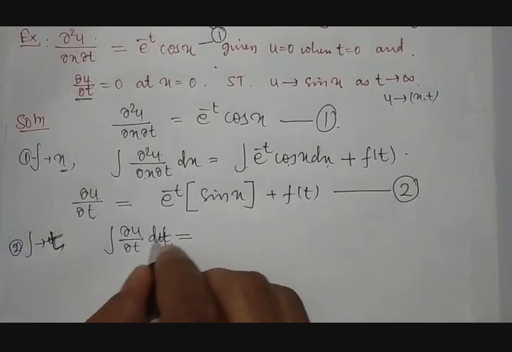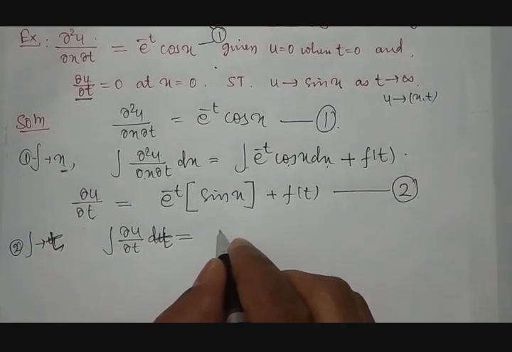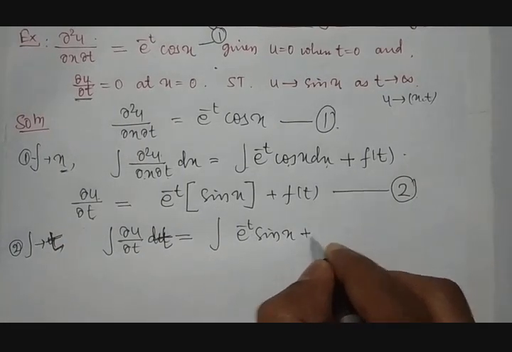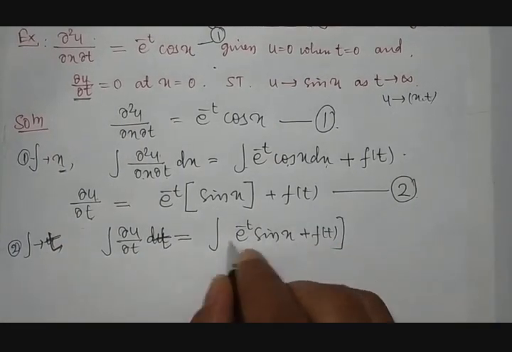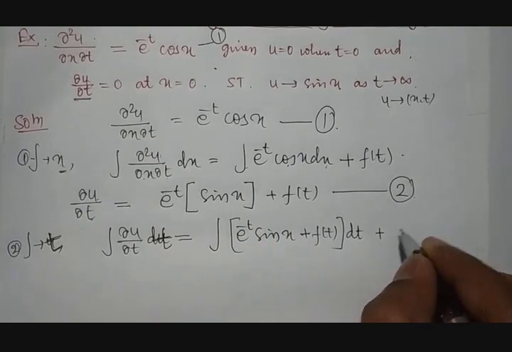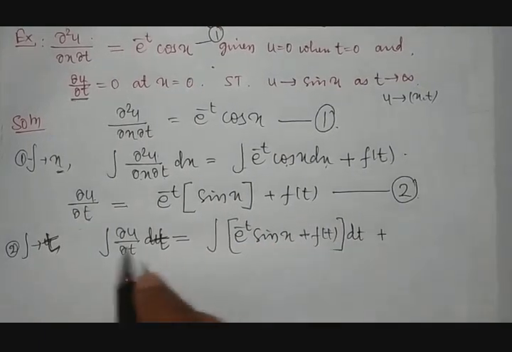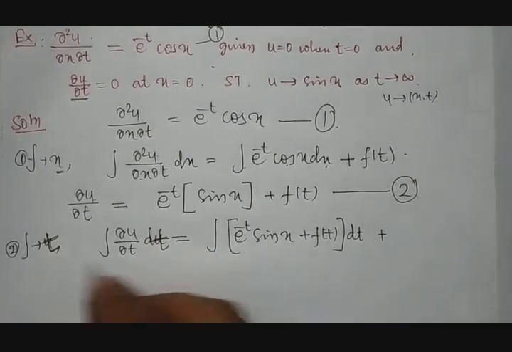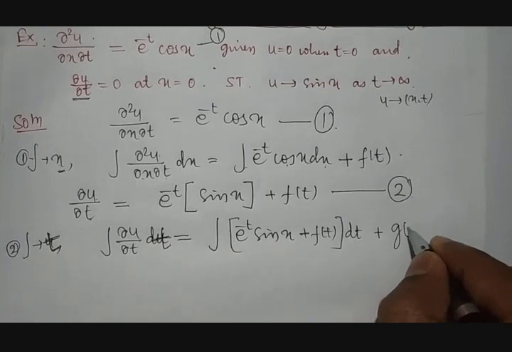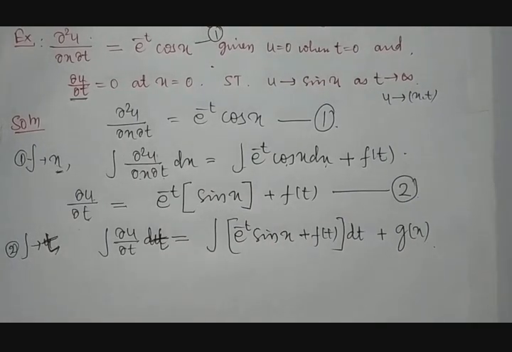With respect to t, it is the integration of e^(-t) sin x plus f(t) with respect to t, plus a constant written in terms of x. Since we are integrating with respect to t, the other variable is x, so g(x) will be a constant.